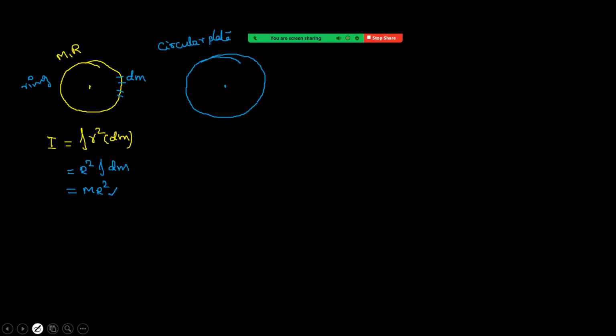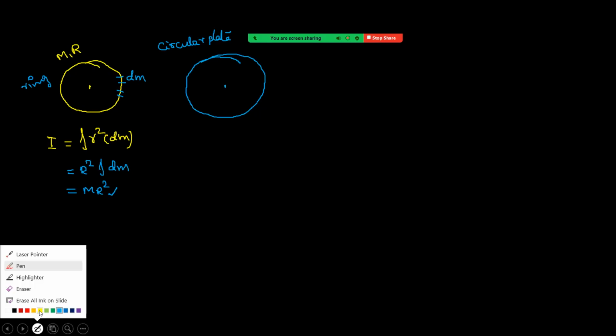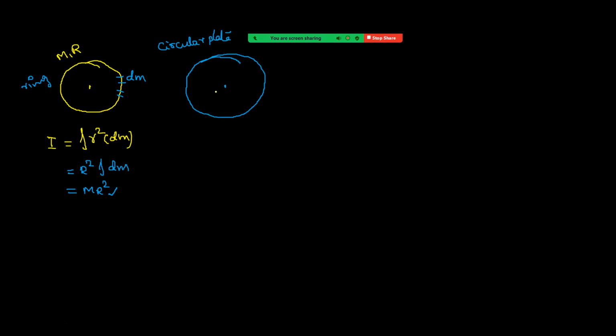So this disc can be taken as a combination of rings. Here we can imagine one ring, radius equal to small r. This is mass capital M, radius is capital R.